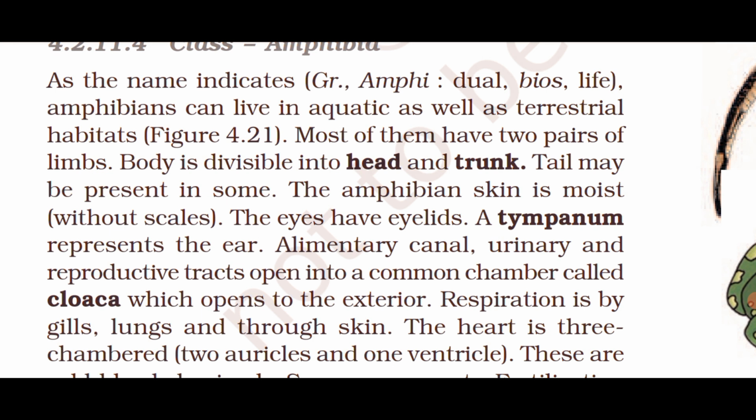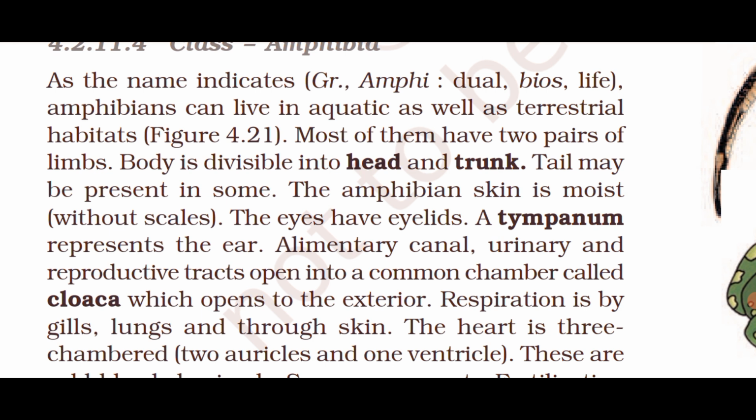The amphibian skin is moist without scales. The eyes have eyelids. A tympanum represents the ear. Alimentary canal, urinary and reproductive tracts open into a common chamber called cloaca, which opens to the exterior.